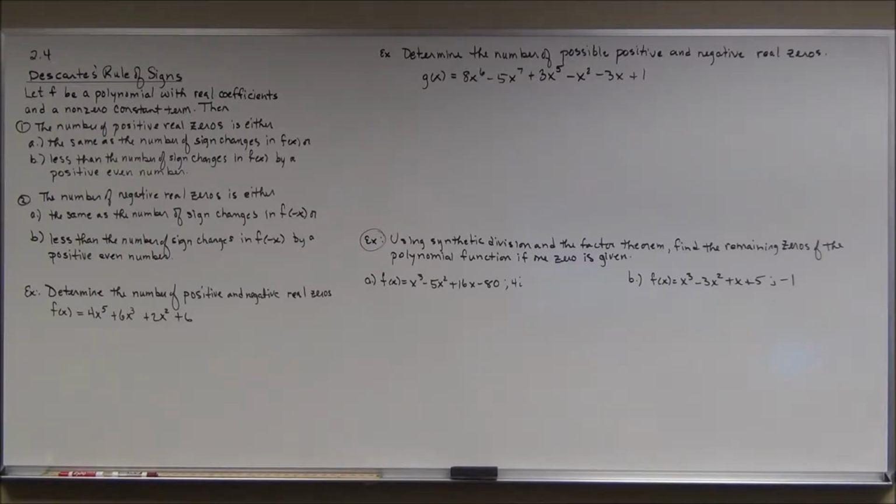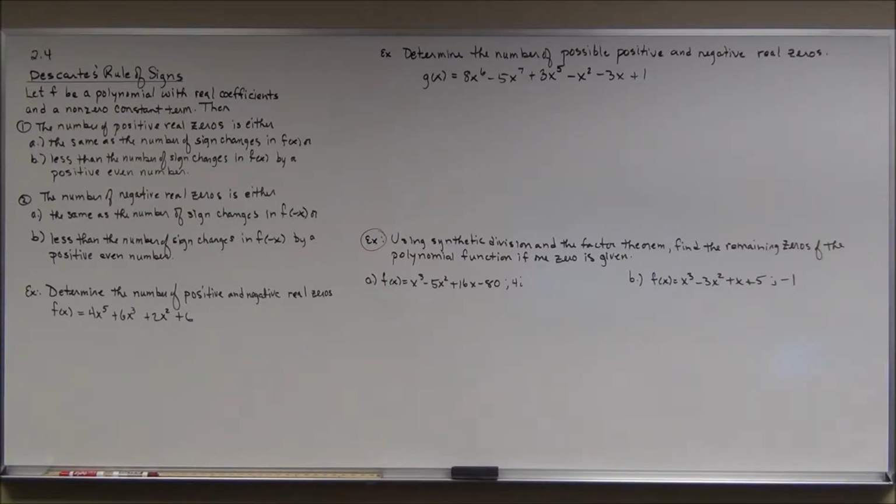Turn our attention to what was at one time an extremely important rule, Descartes' rule of signs. It was an avenue to find and limit the number of possible rational roots, for example, irrational zeros. You remember the P over Q rational zero theorem?